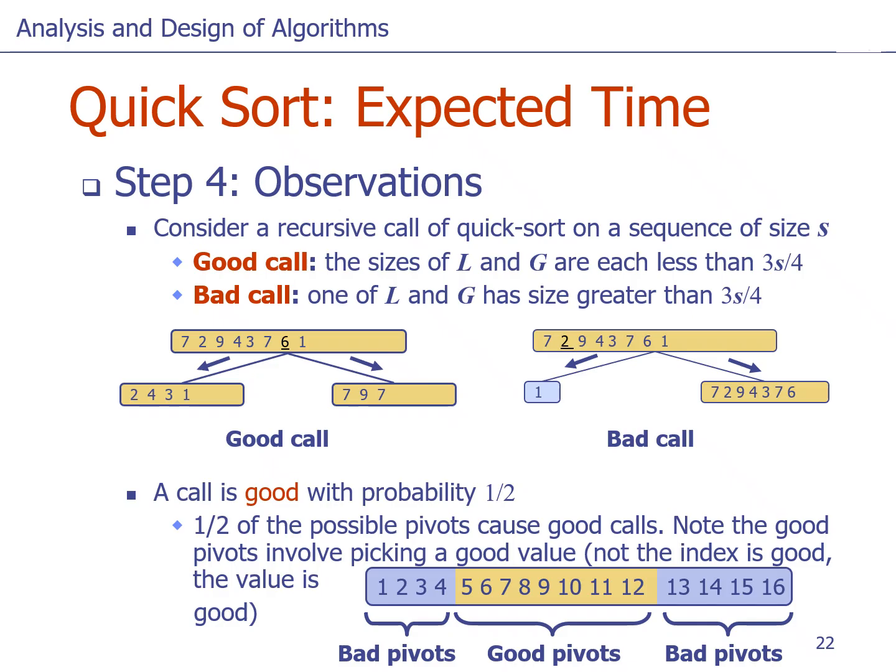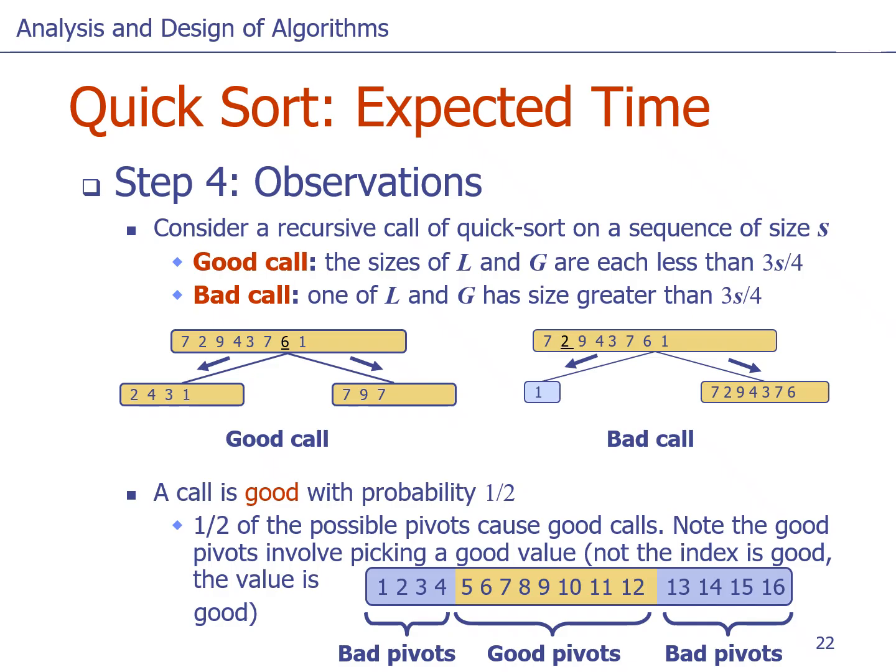Ideally, 9 will give you half and half. 10 will give you, let's count them, 1, 2, 3, 4, 5, 6 on the right side, and let's count it again. If I get 10 as the pivot, 1, 2, 3, 4, 5, 6 on the right, and 1, 2, 3, 4, 5, 6, 7, 8, 9 on the left. They're still good, they're close.